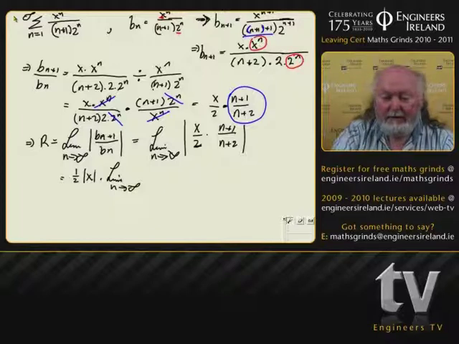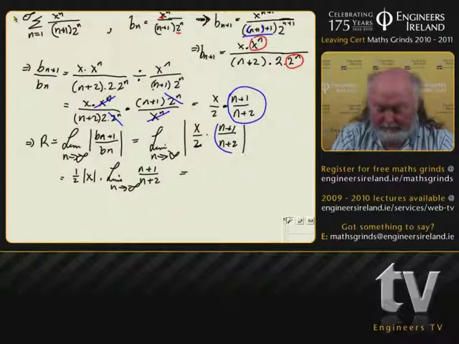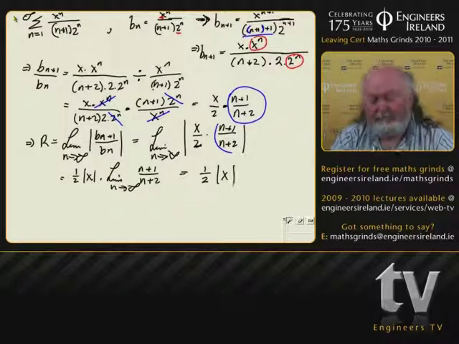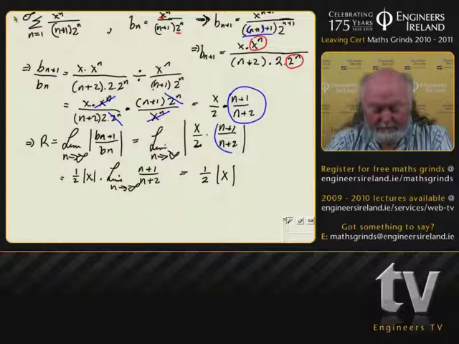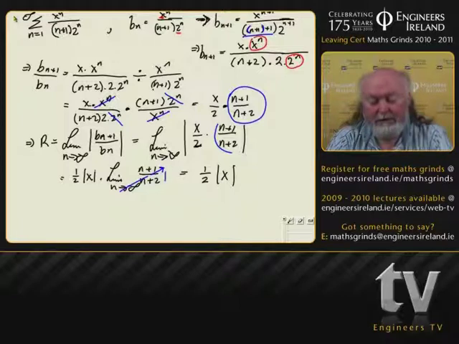And everything that's left over, all of this stuff, is just n bits, so we can remove the absolute value in here. Because that limit is 1.